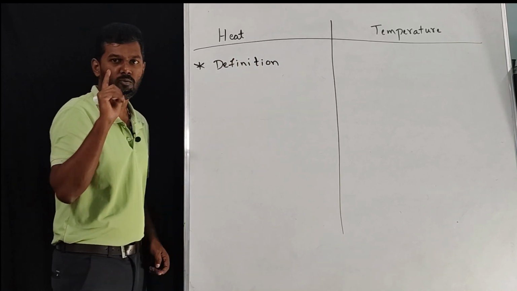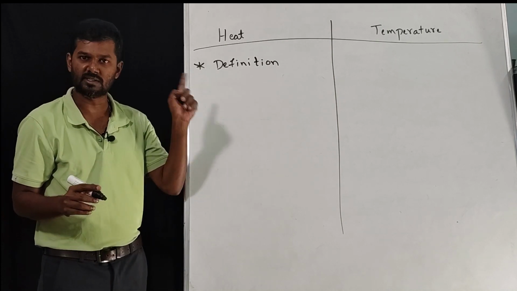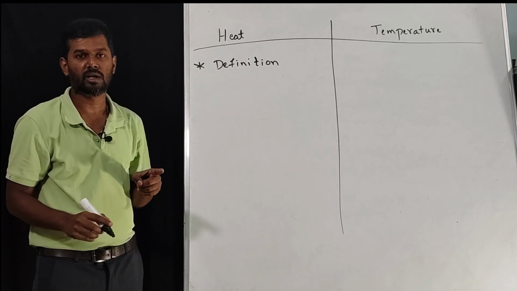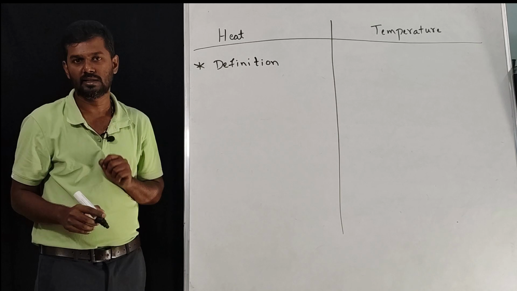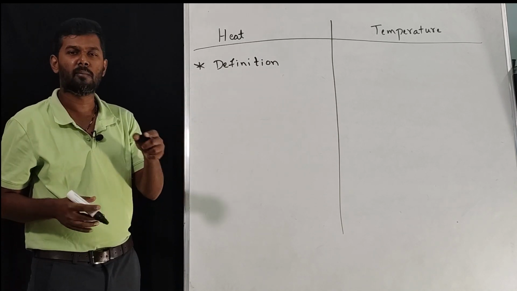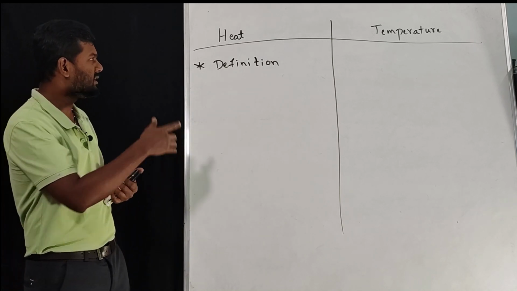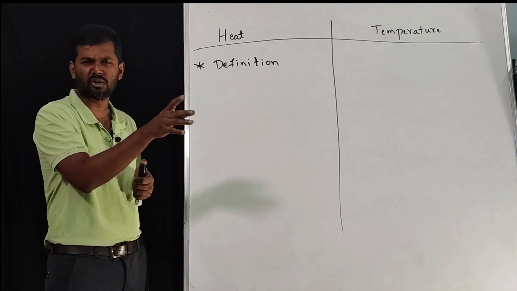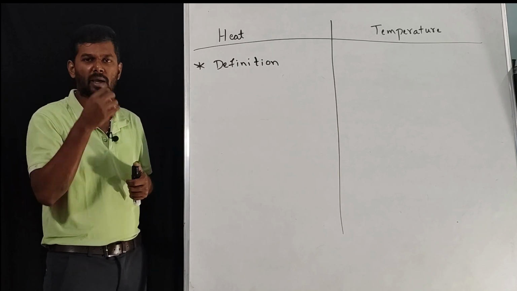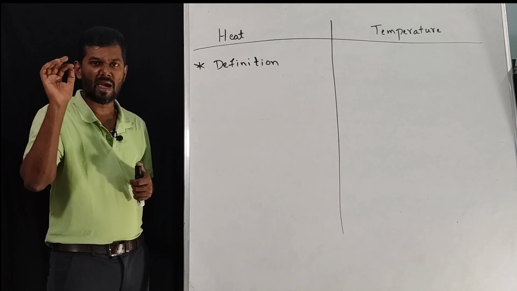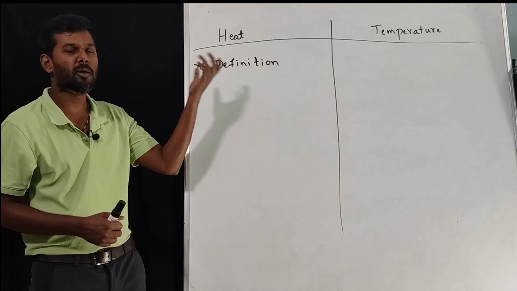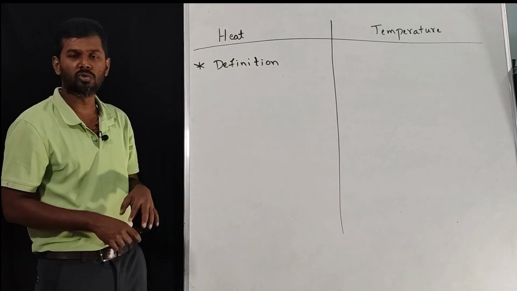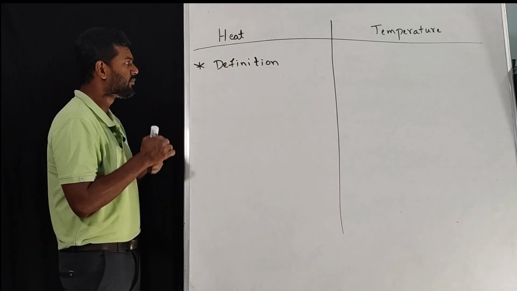See, if it is for 1 mark, don't go for definition as a difference. Go for SI unit. There you will get the answer easily. If they are asking more than 1 mark, most of the time they will not ask these kinds of questions. Differences between any two quantities in physics will not be asked for more than 1 mark. If they ask, maximum it may be for 2 marks.